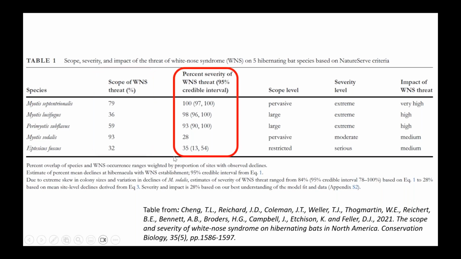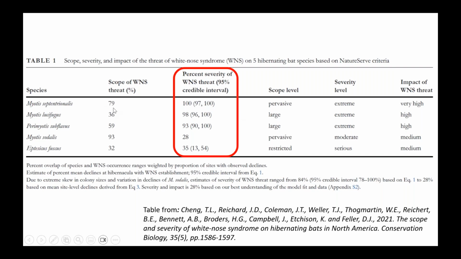This next box identified what the severity of the threat is for each of those species. That is, what's the mortality rate in caves and mines where each of these species is present alongside this fungus, Pseudogymnoascus destructans. And it's 97 to 100% mortality for the northern long-eared bat.